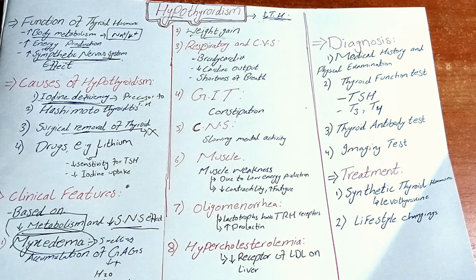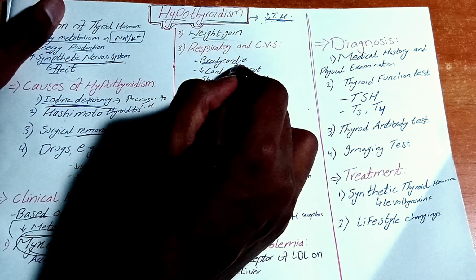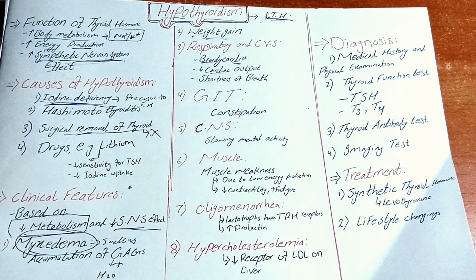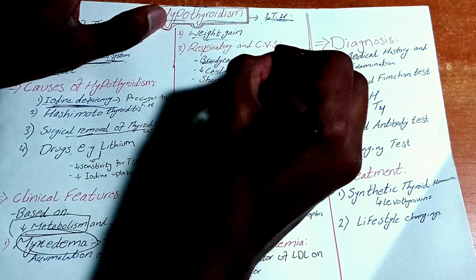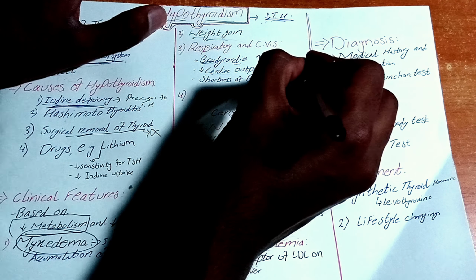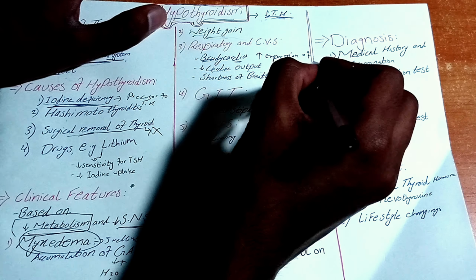The third most common symptom that appears in the patient is bradycardia, which is decreased heart rate, and decreased cardiac output. How does it happen? Look, the function of thyroid hormone is that it increases expression of sympathetic nervous system receptors on heart cells.